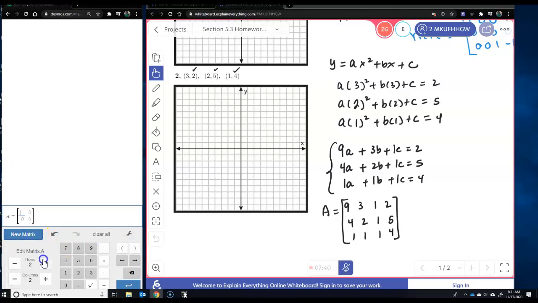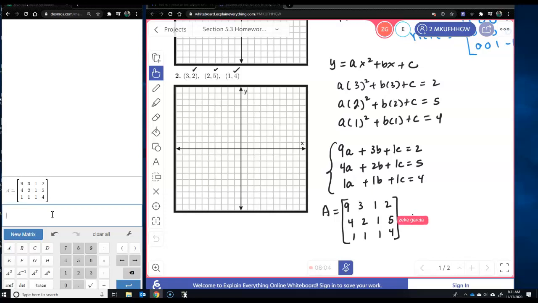New matrix, and it's going to be 3 by 4. So we have 9, 3, 1, 2. We have 4, 2, 1, 5. And then we have 1, 1, 1, 4. And then we're going to go ahead and press enter.